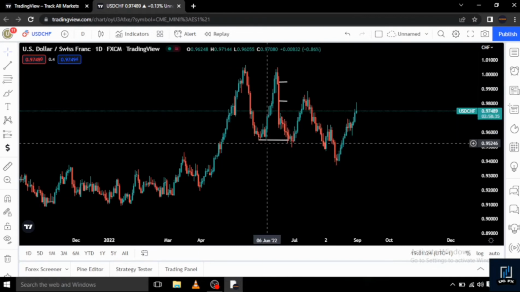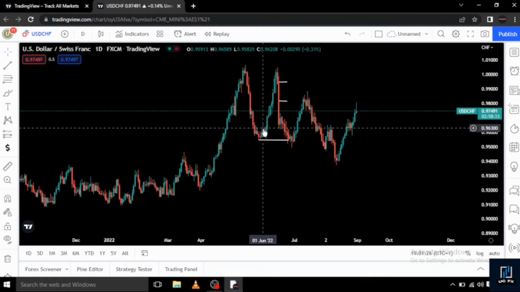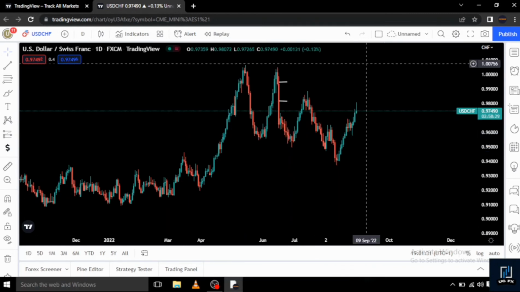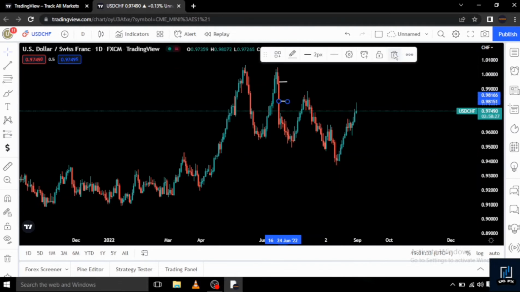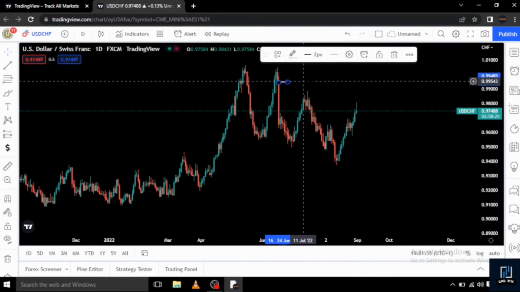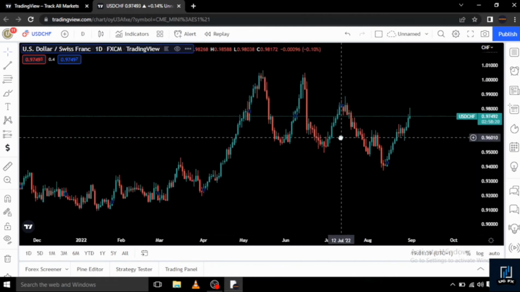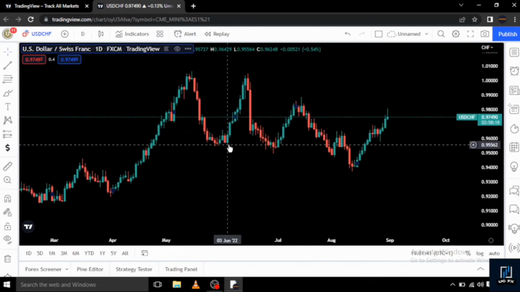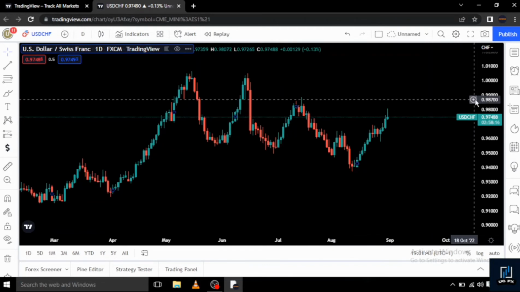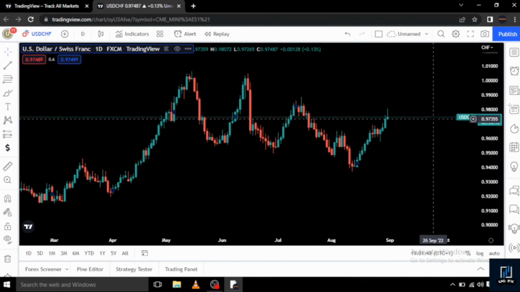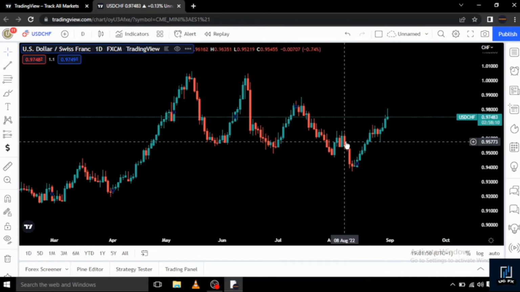I will still come to correlating the pairs, because most pairs don't do exactly what this DXY is doing. So I'm going to share a secret with you that will help you to know the pairs that will do exactly or almost exactly what the DXY would be doing. Just like I said, this will bring us to correlation.